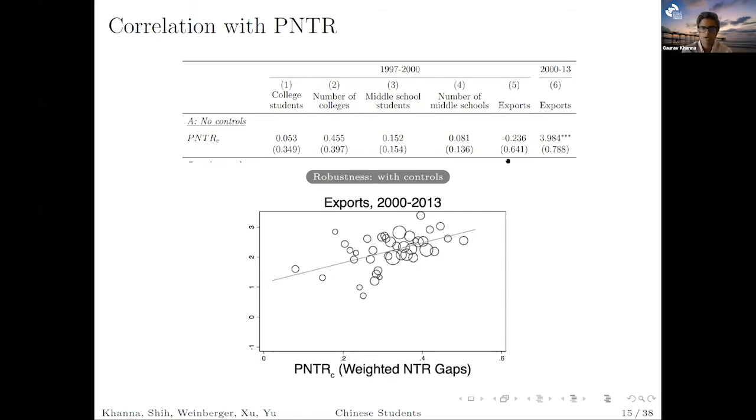It was also not really correlated at baseline with the exports over that period. But in the decade after China joins the WTO, you see there's this strong correlation between this PNTR IV that we've created and export growth, right? So this is our first stage of what we're trying to identify here, right?